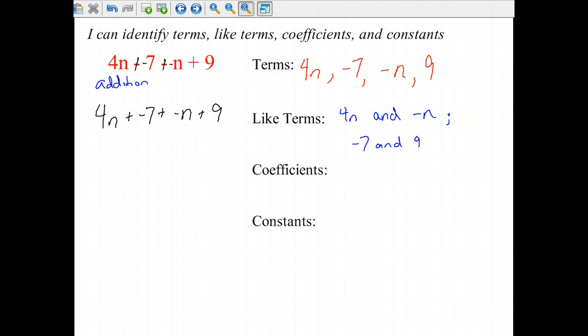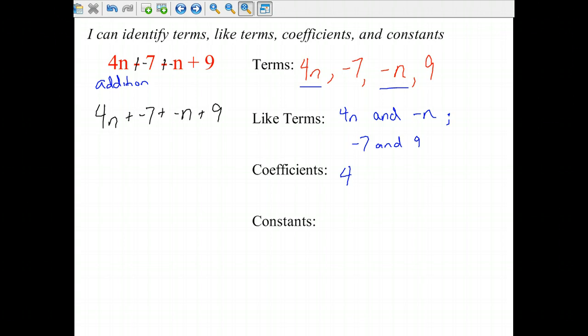Here the coefficients are the numbers in front of the variables, the things that coexist with the variables. We can look back up in our list, or in our whole example over here on the left side. It doesn't matter. The coefficients come from this 4n and the negative n. So the coefficient is just 4.